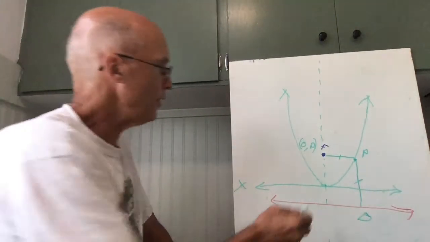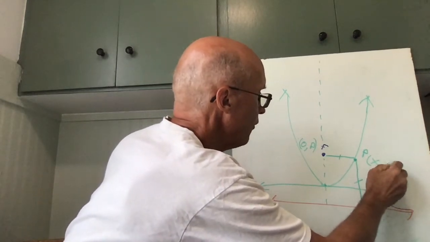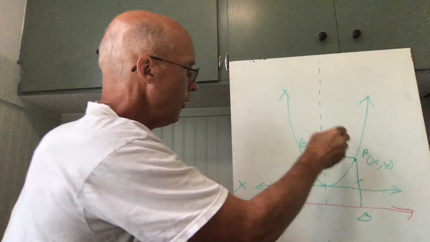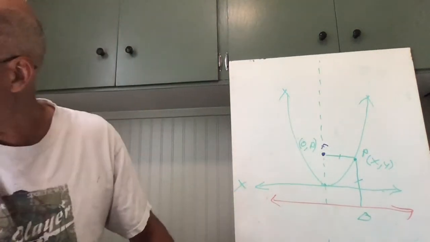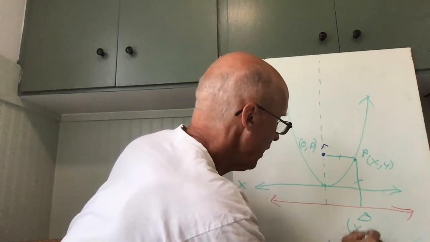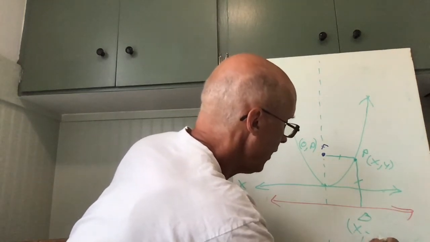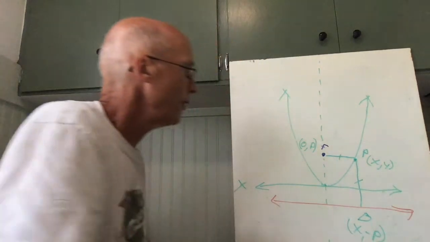And then the point P is going to be a certain x and y over and up. And the distance at D is going to be x over and the opposite of p down. Does that make sense?